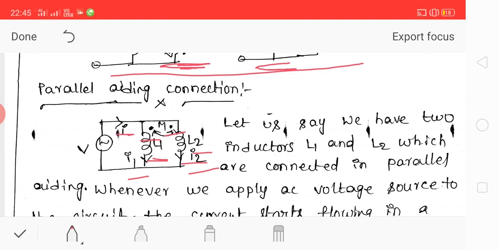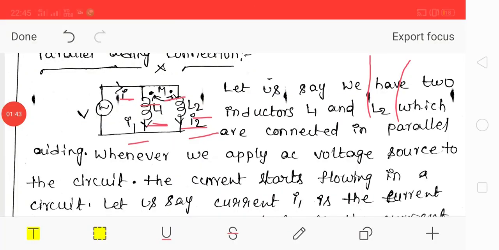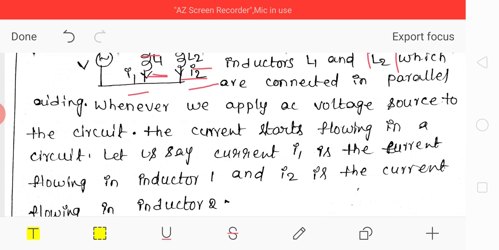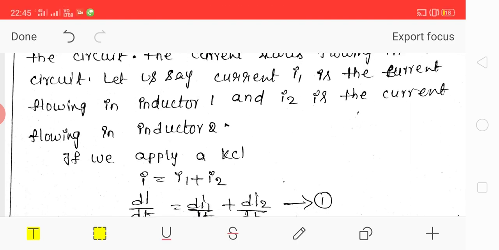Let us say we have two inductors L1 and L2 connected in parallel aiding connection. Whenever we apply an AC voltage source to the circuit, current starts flowing in the circuit. Let us say I1 is the current flowing in inductor 1 or coil 1, and I2 is the current flowing in inductor 2 or coil 2.